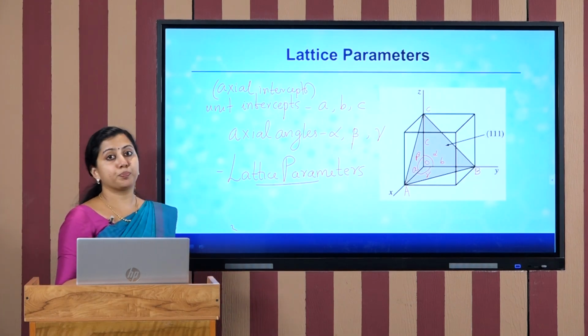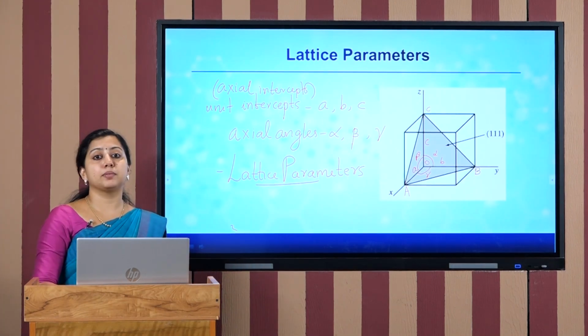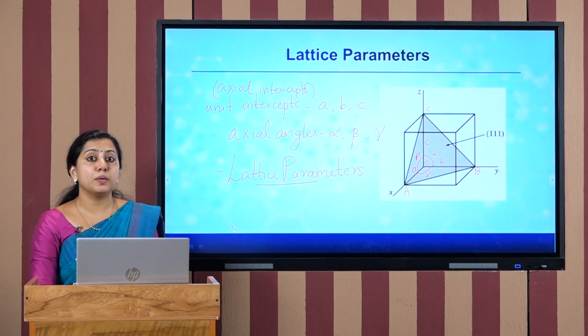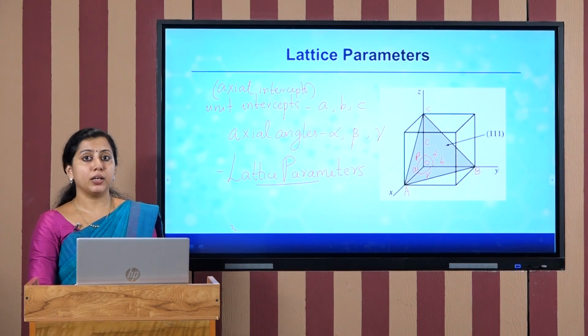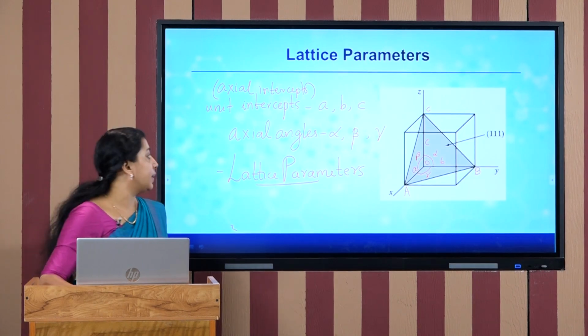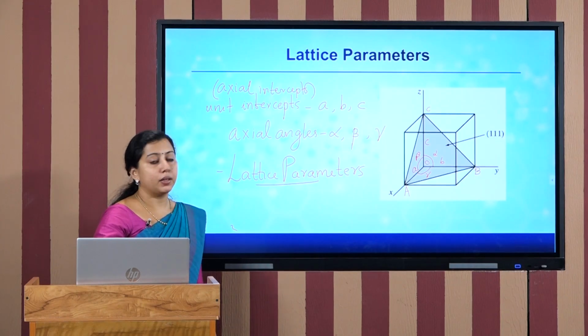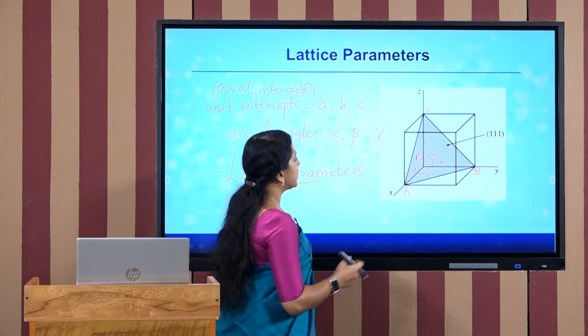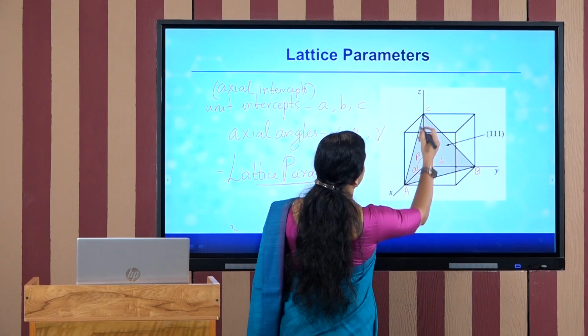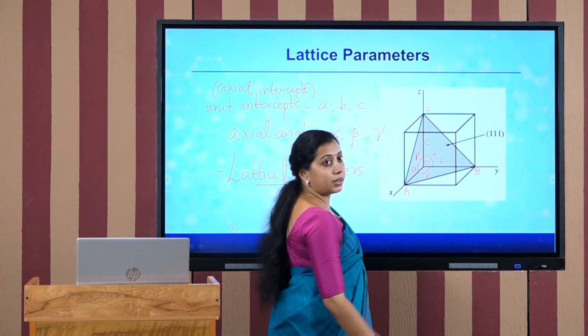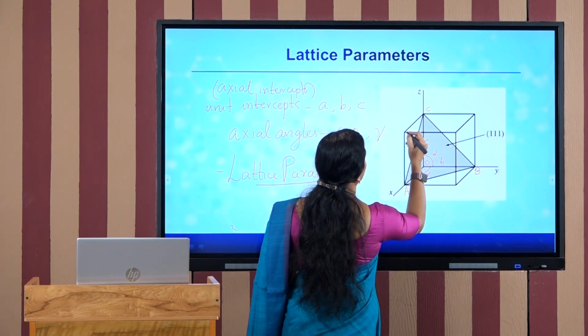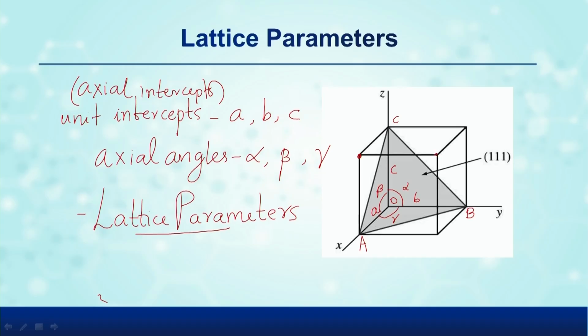In the previous class, we defined these parameters in terms of the elements of a crystal. Here, we define them in a more specific way using a more specific term called lattice parameters. You can see that in this figure, the plane cuts all the three crystallographic axes, and if it is a cubic cell, then we will have the structural units at the corners.